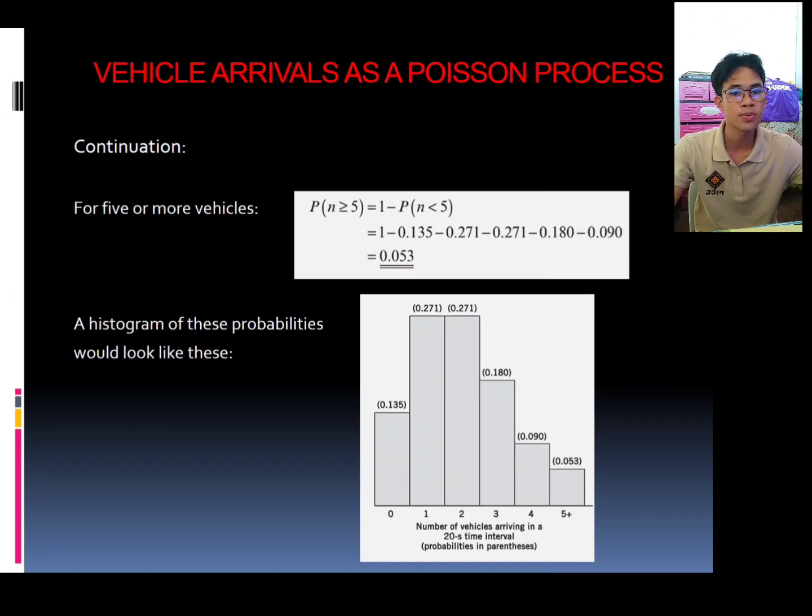A histogram of these probabilities would look like this, showing the number of vehicles arriving in a 20-second time interval, with the probabilities in parentheses.